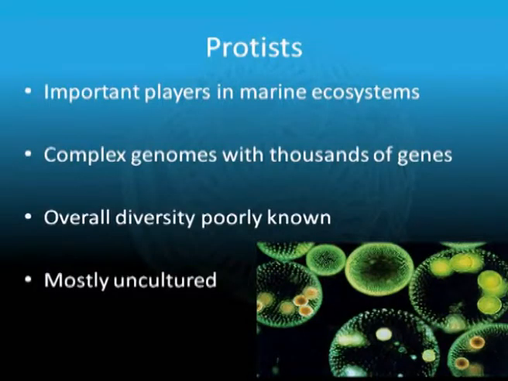They usually have more complex genomes with many genes. In general, the diversity is poorly known. There's been a lot of work done in morphology, which is very good, but there is probably much more that is not known out there. And in many cases, they are uncultured.